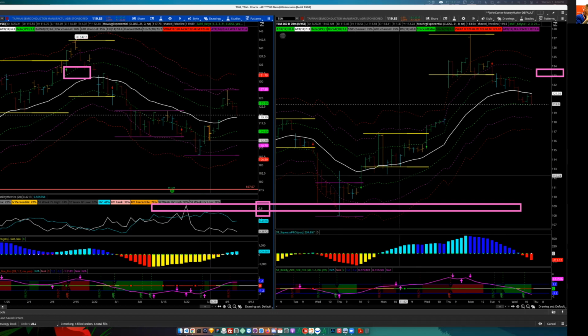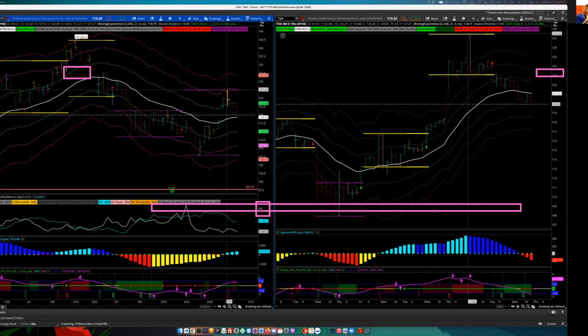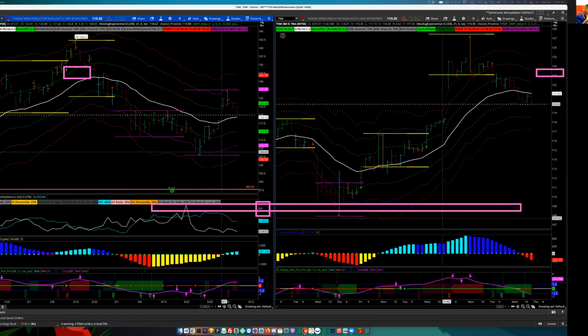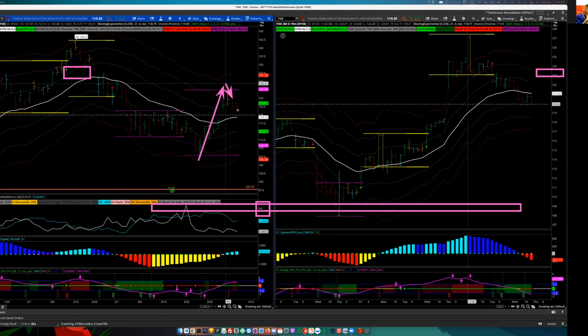We made a bullish move up to more than 2 ATR at 127, and then we've reverted to the mean. So up, back, revert to the mean, 119 area, right?